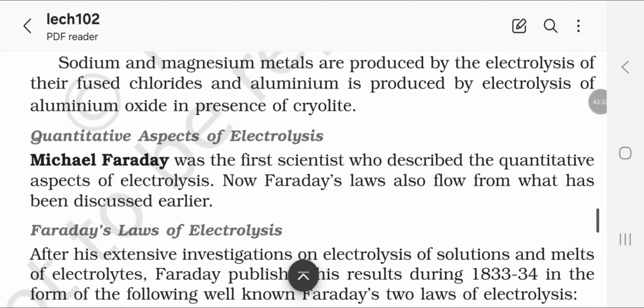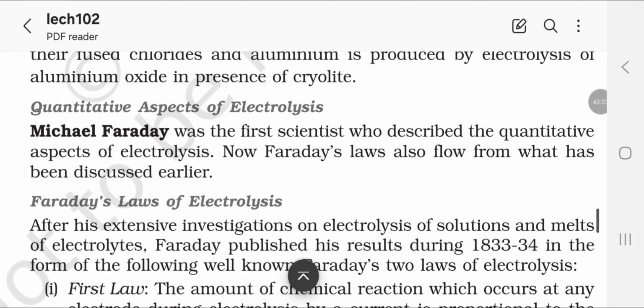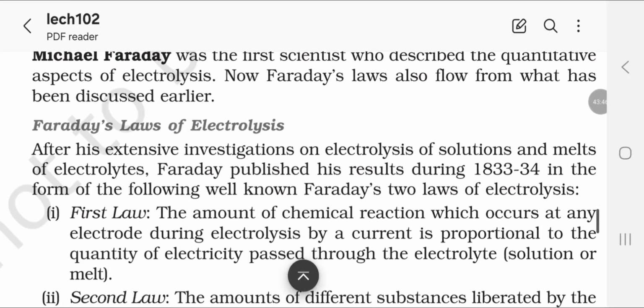Quantitative aspects of electrolysis. Michael Faraday was the first scientist who described the quantitative aspects of electrolysis. Now, Faraday's law also follows from what has been discussed earlier. Faraday's law of electrolysis.